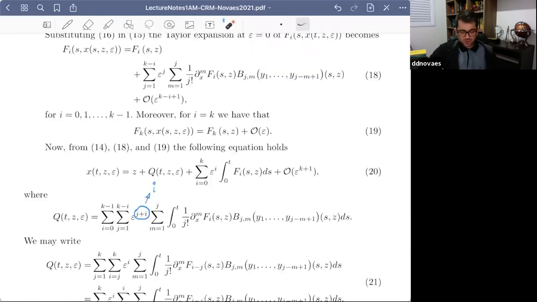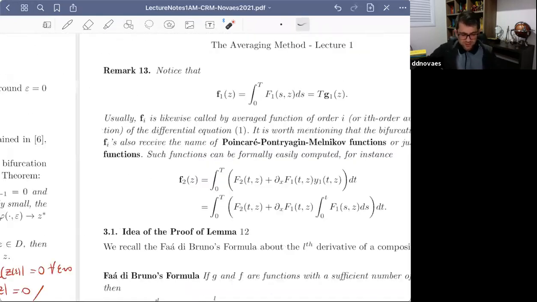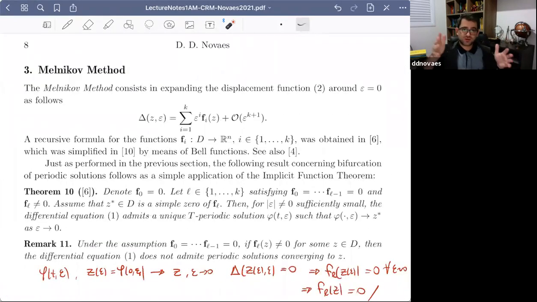Okay, so now what we have is two sequences of functions, g_i's and f_i's. One of them is given by performing transformations of coordinates, the averaging method, and the other one is obtained just by expanding the time-t map in power series of epsilon.